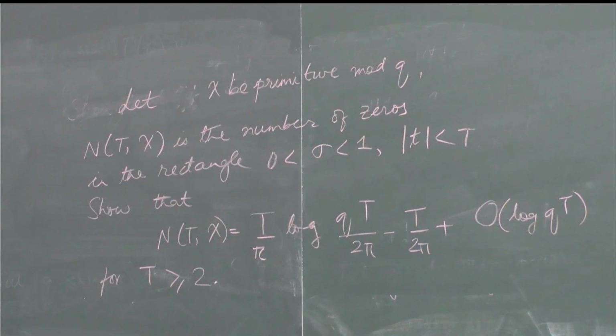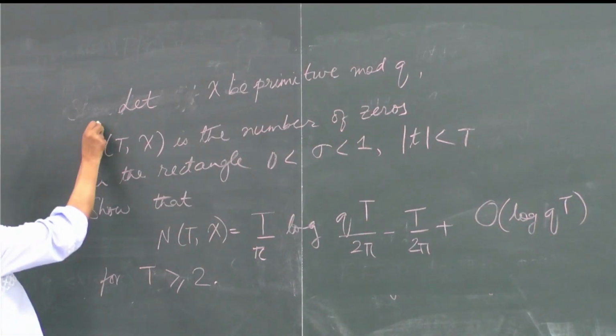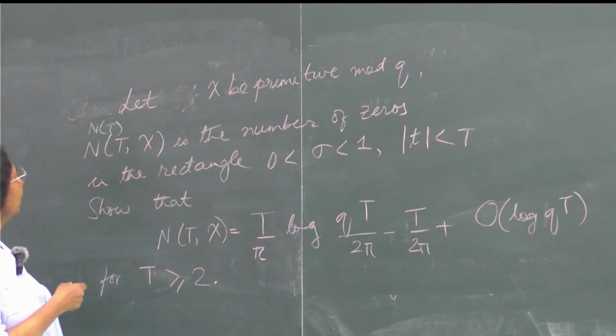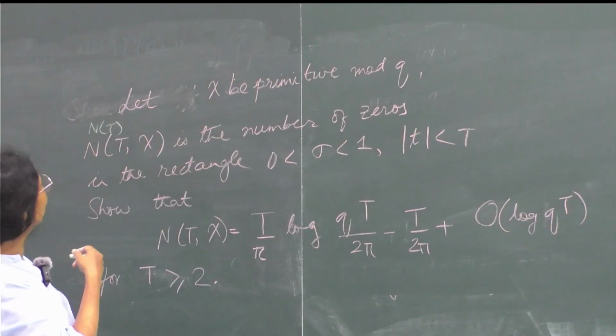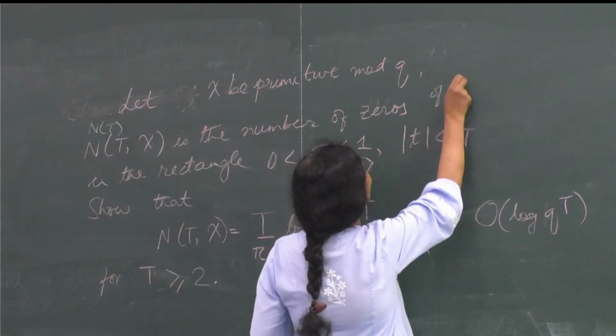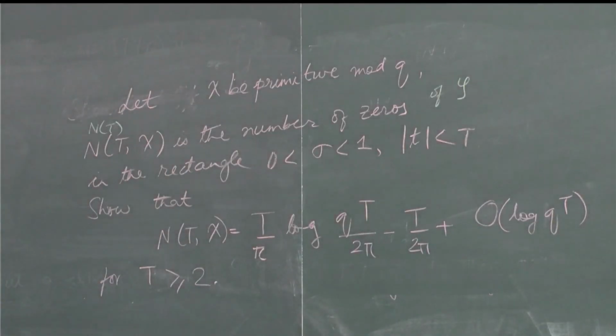In that case, N of T is the number of zeros of zeta in the rectangle, and then you can show this. There'll be no q in the story. I don't mind if you do it for N_T(chi) or for N_T, it's essentially the same thing.